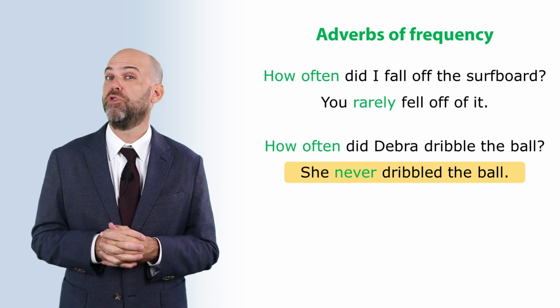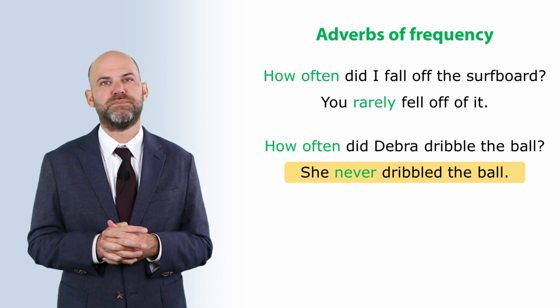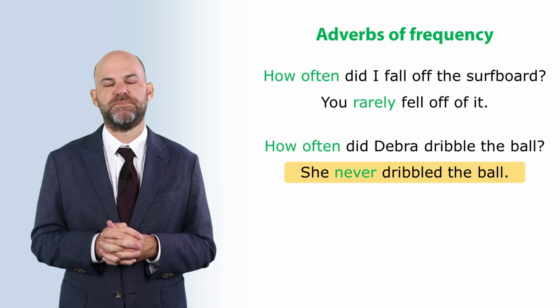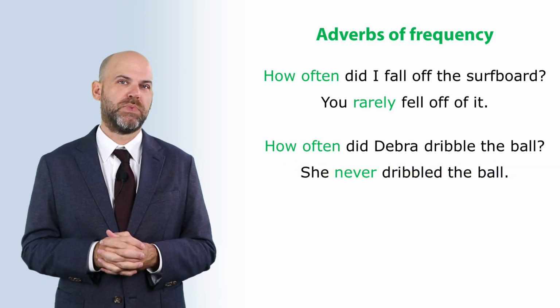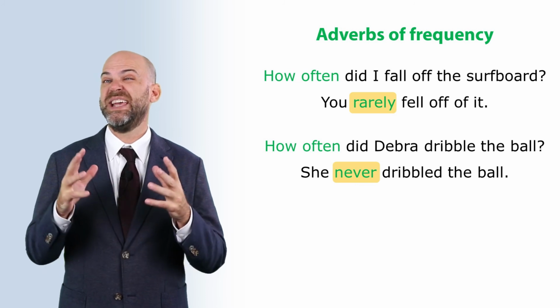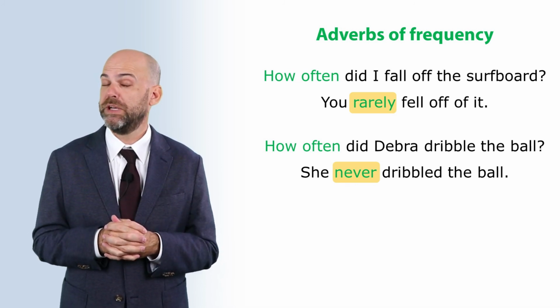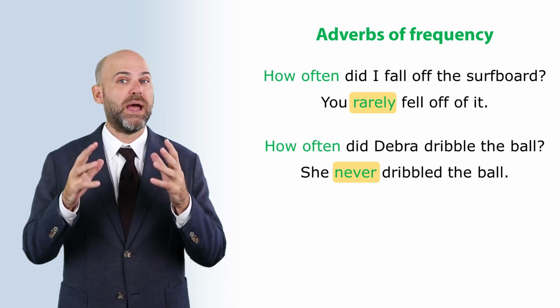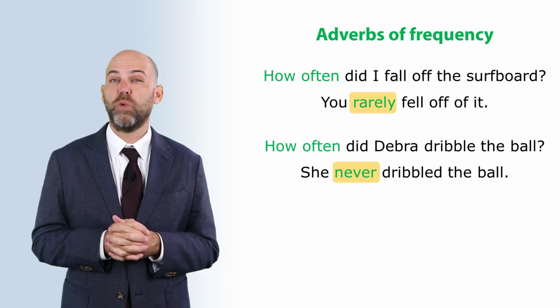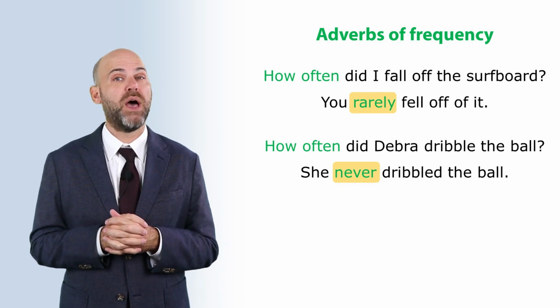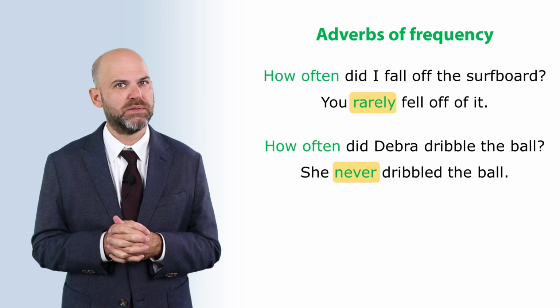She never dribbled the ball. Great. These examples use indefinite adverbs of frequency to answer how often. Rarely and never are not exact frequencies.